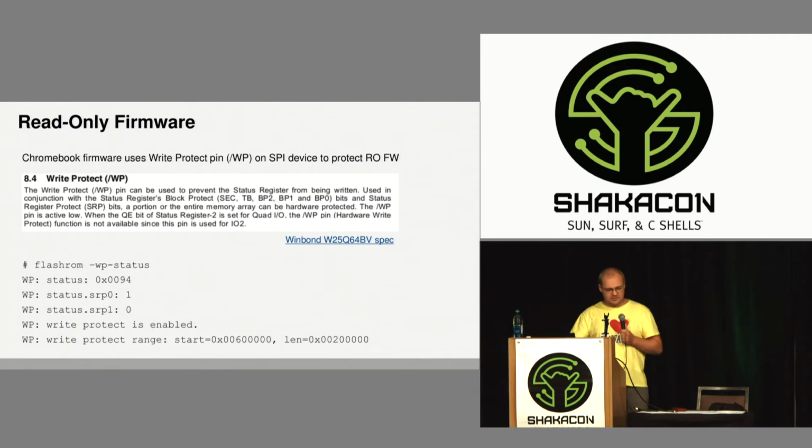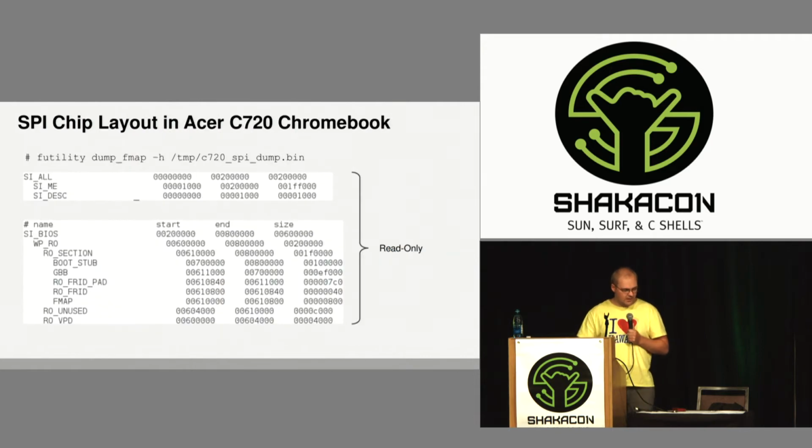If you want to open up the entire SPI, you need to disassemble the Chromebook, find that screw, and unscrew it, and when you deassert the pin, you will have entire access to the SPI. But that's the basic method by which this read-only part of the SPI chip is implemented in the system.